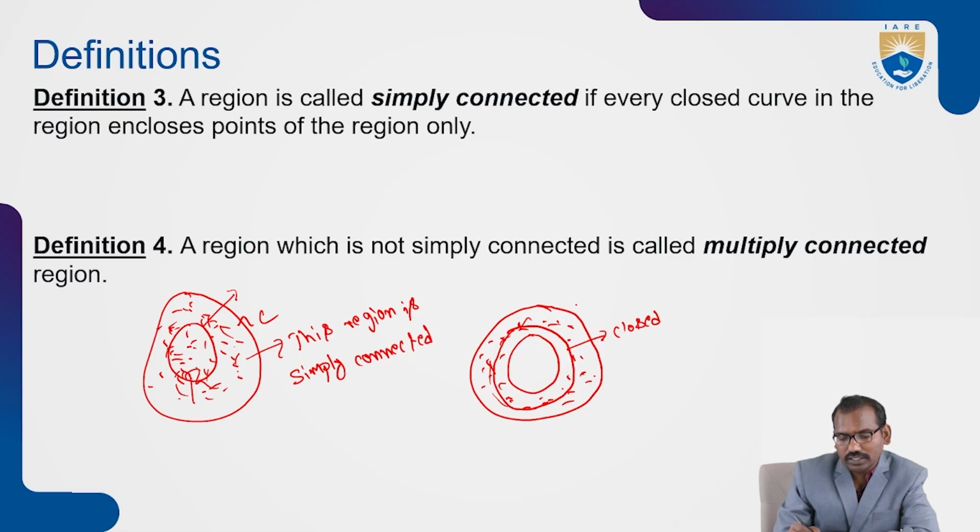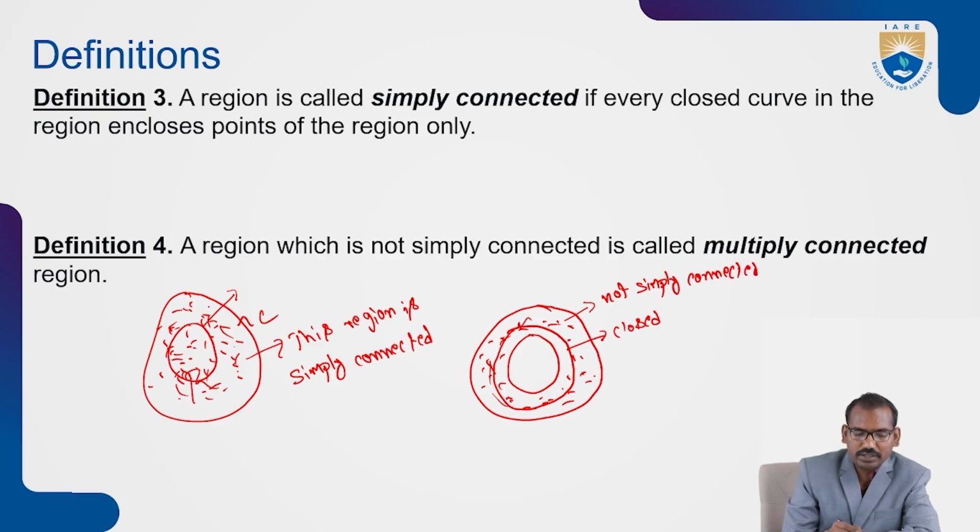So that's why this angular region is not a simply connected region. A region which is not simply connected, we call a multiply connected region.